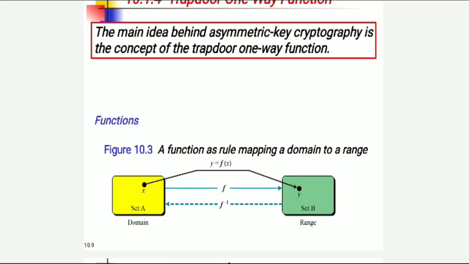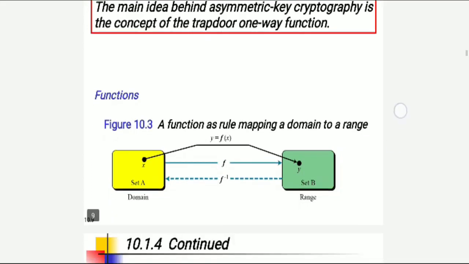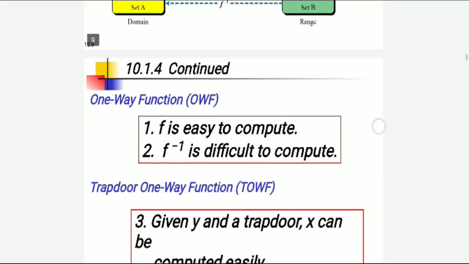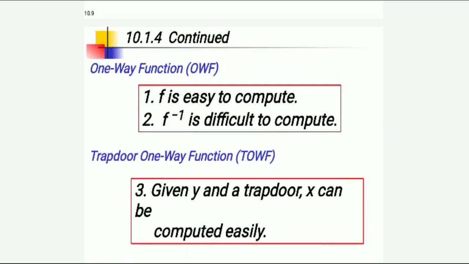But if we are given y and we have to calculate x, then that is known as f inverse. Now, the one-way function. In a one-way function, f is easy to compute, but calculating the f inverse is difficult to compute.